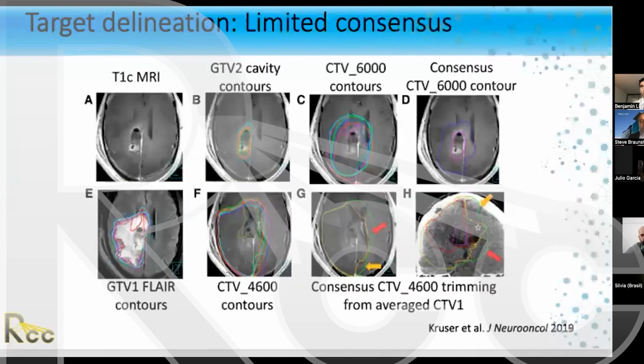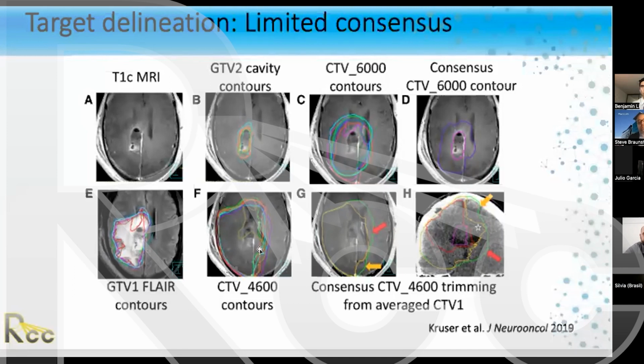And I just wanted to point out, again, from that Zoom poll, you can see even among expert consensus papers, there's quite a variation, and some folks are opting to potentially overtreat to some degree. This is a CTV contour, and I would acknowledge, yes, in areas of disease where you can see something crossing the splenium of the corpus callosum, certainly that should be chased and included in CTV.